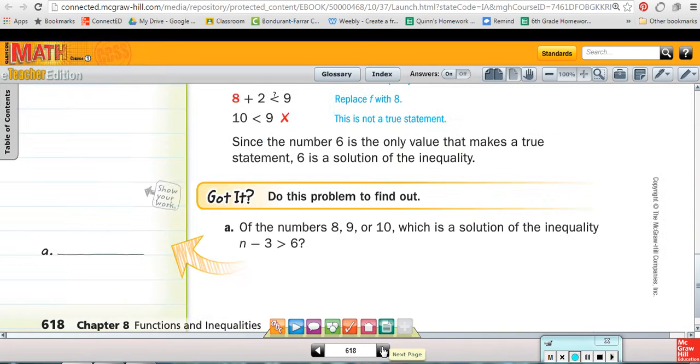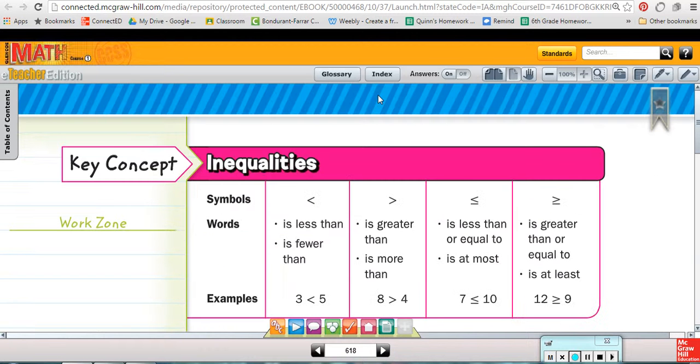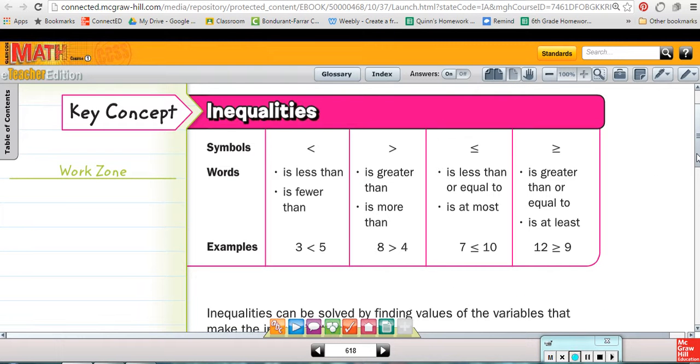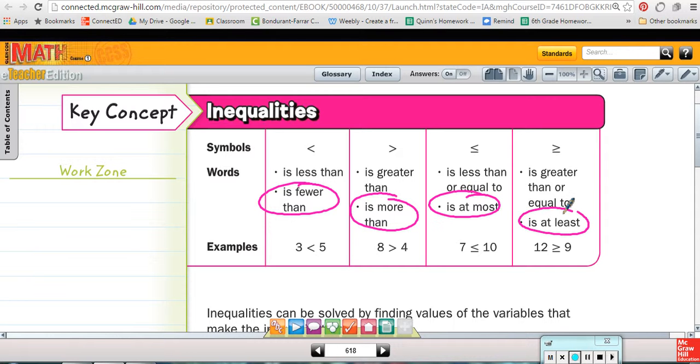At the top of the page, you see these symbols we talked about. You see less than, greater than, less than or equal to, greater than or equal to. They do have some key words there if you need them. Okay, they've got is fewer than, is more than, at most, at least. You might see things like maximum height to ride this can be 48 inches.